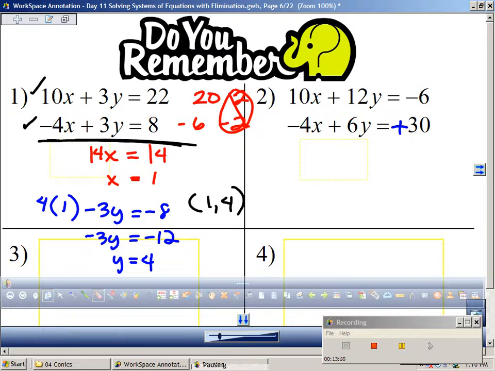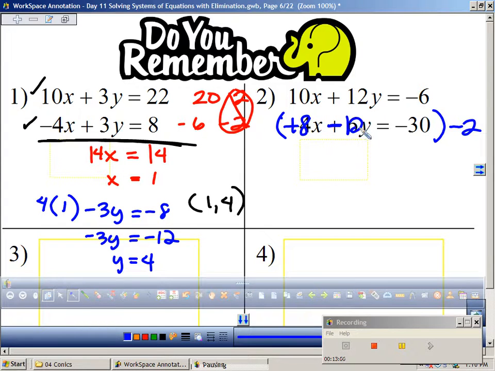Multiply the bottom one by not just a -1, but -2. So now it's positive 8x, -12, and positive 60. So now when I add them up, that's going to go away. I'm eliminating one variable, and now I'm only dealing with one variable.